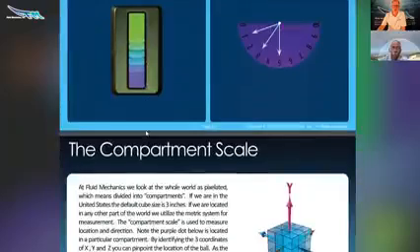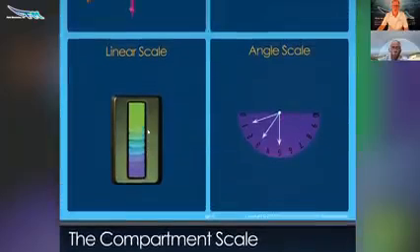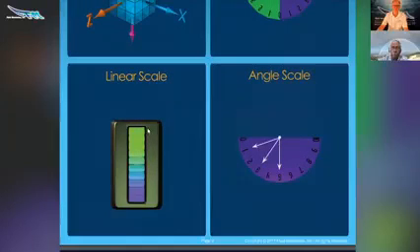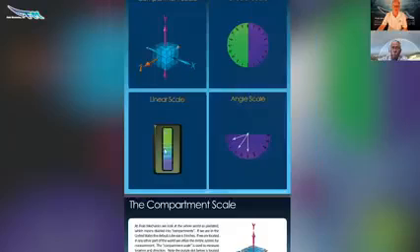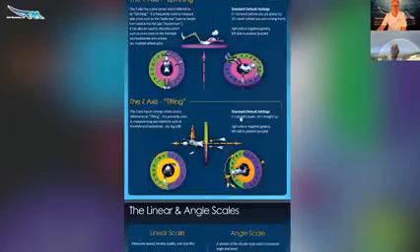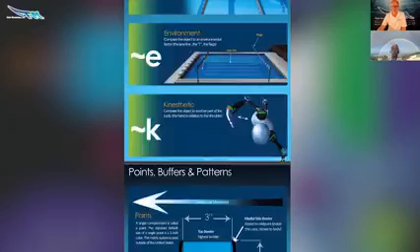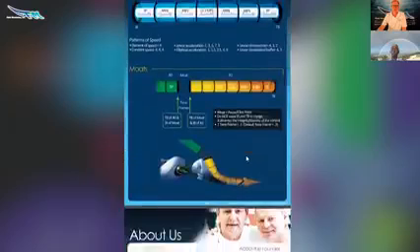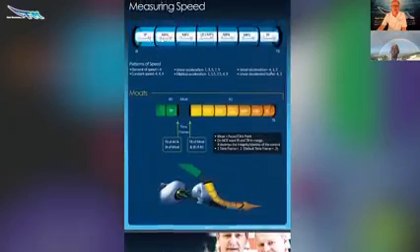So when we look at that, we can measure speed in our system on the linear scale, 0 to 10, like how fast is something moving. But a lot of times it may be moving right down here. Here we go. We look at measuring them in different compartments, and one compartment would be speed, but over a pattern you can have, right? But you're also looking at a direction, right?